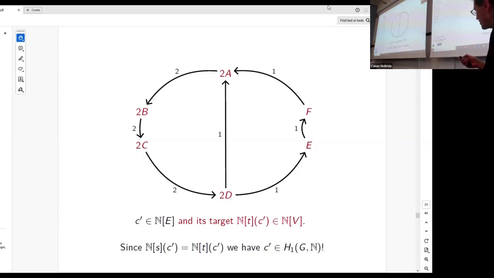If you think about what that really means, it means that at every vertex, the total outflow is equal to the total inflow, if you think about it for a while. So the 2 coming in here is what makes 2D show up in the target, but what makes 2D show up in the source? Well, it's because it's also the source of 2 things.